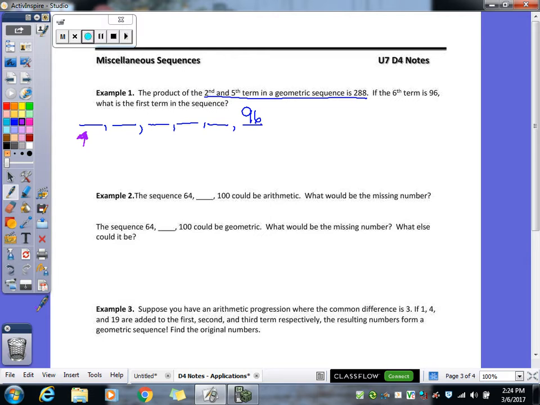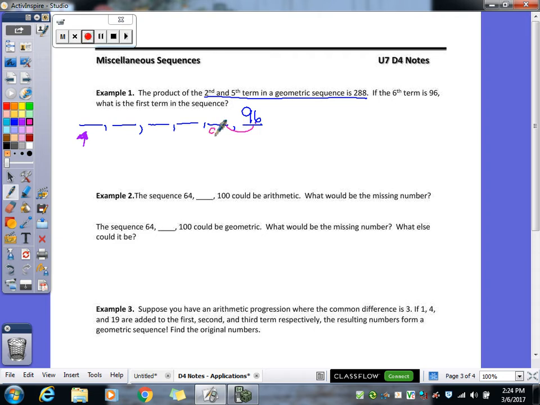Looking at this again, it does not look like you have enough information. You know the second and the fifth multiply to give you 288, but beyond that, we don't really know anything. So what we do know is if I were to go backwards to get from my sixth term to my fifth term, I would have to divide by my common ratio. Because again, normally, remember, going up we multiply, going backwards we would end up dividing.